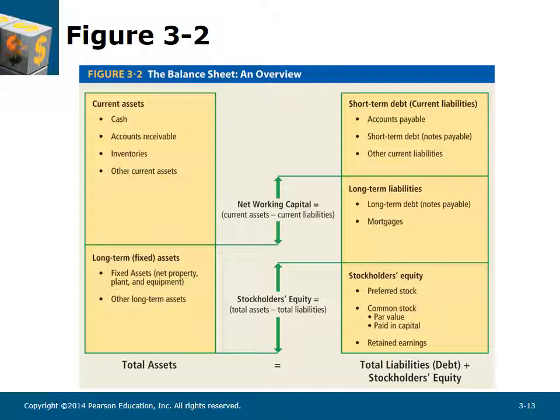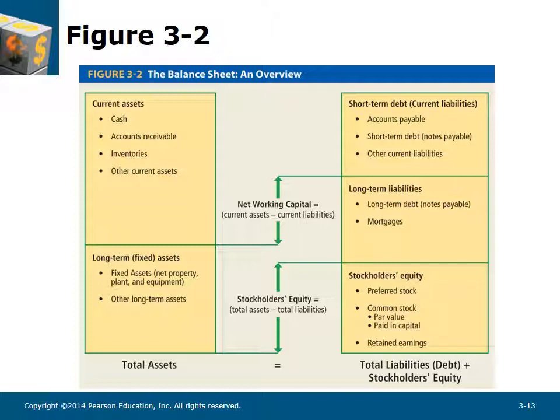Current assets and long-term assets are how we present the asset section. Current assets being assets we're going to use up within the coming year. Things like cash, accounts receivable, inventories are those types of assets. Long-term assets are assets that we're not only going to be using in the coming year in the company, but beyond.